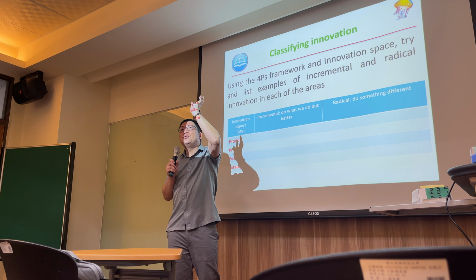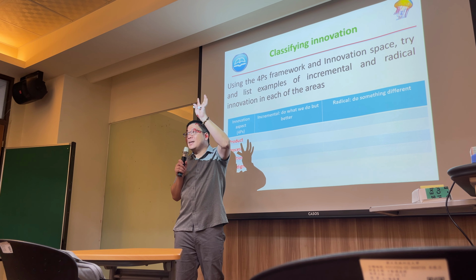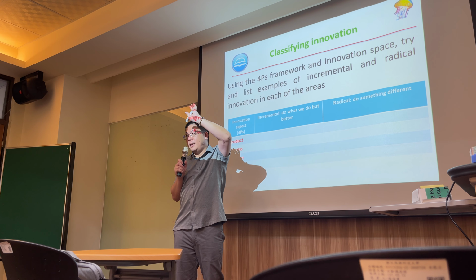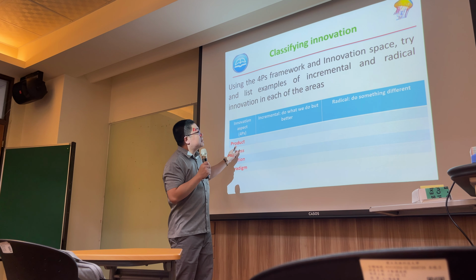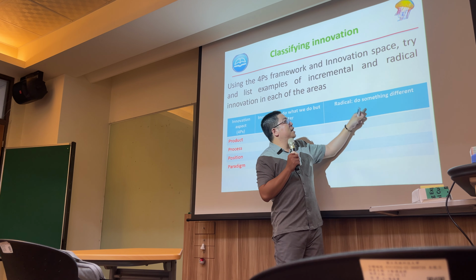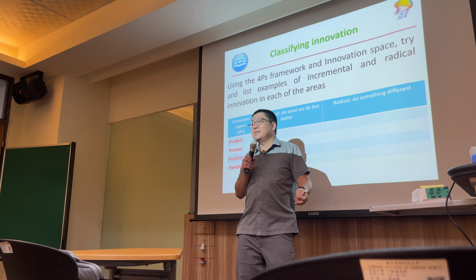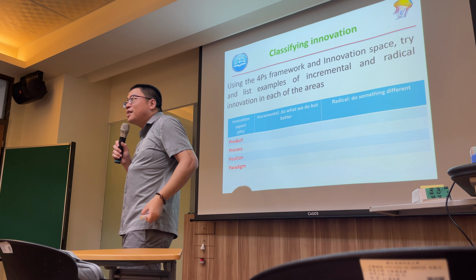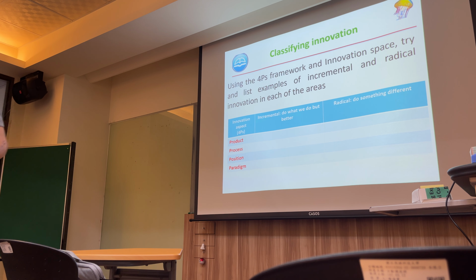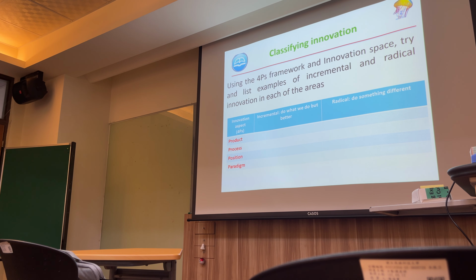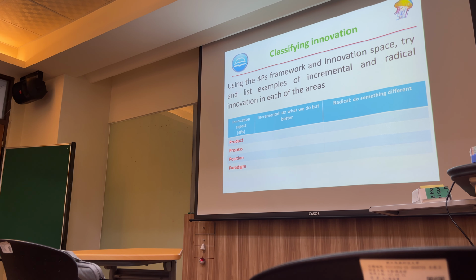It should be a real world brand or real world company or real world product. Product, radical: do something new, something different. Understand? So at least each group needs to give me 8 examples.